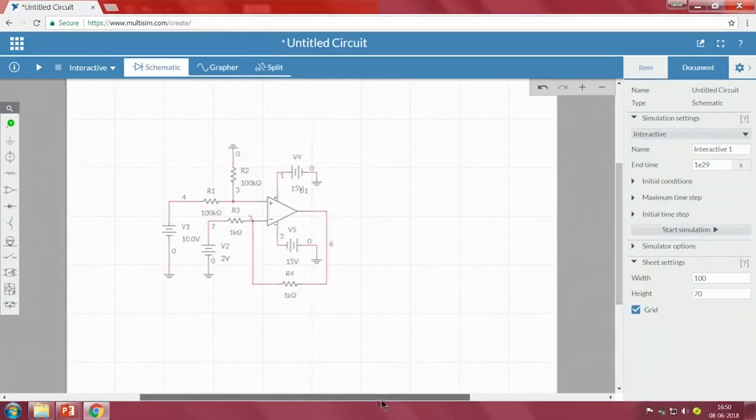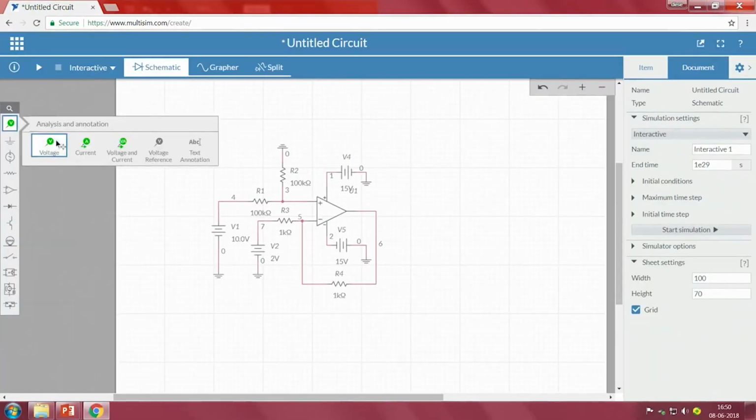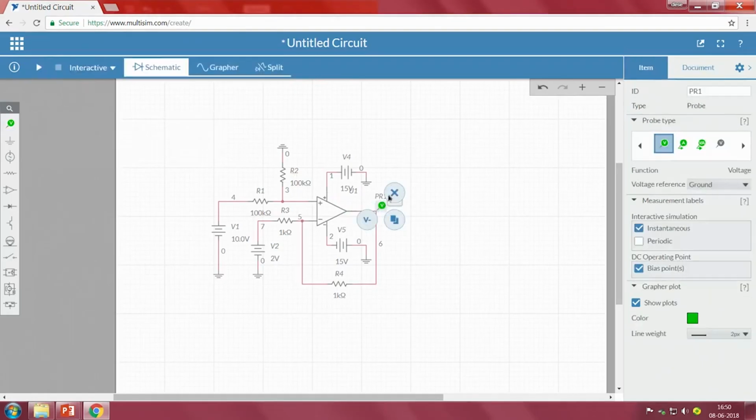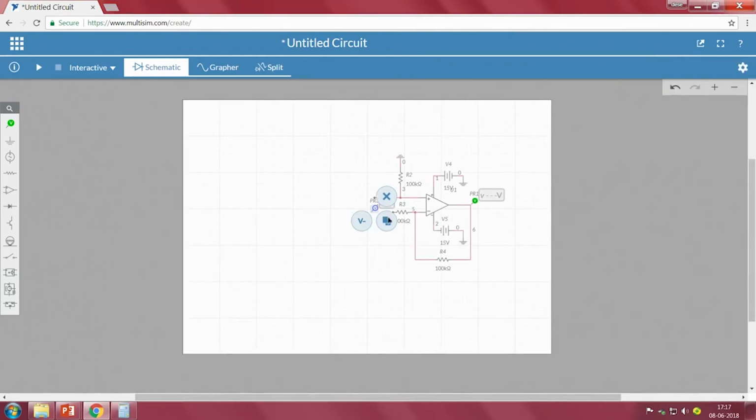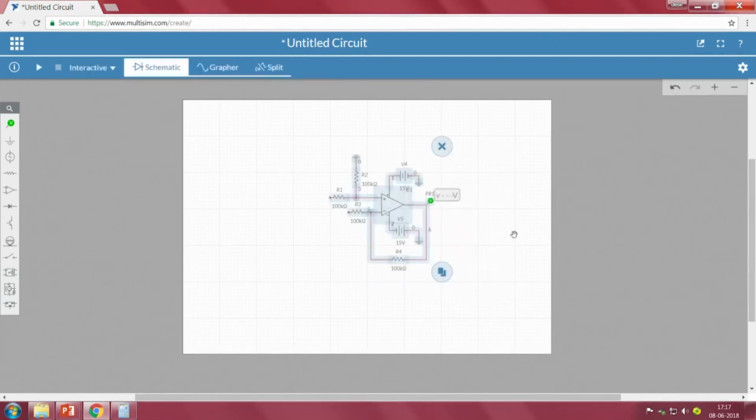Let me see. First, we will see the differential gain. I think we have considered the resistances R3 and R4 differently, and let me do the same experiment once again. So I will take V1, connect it here, and this should be ground.